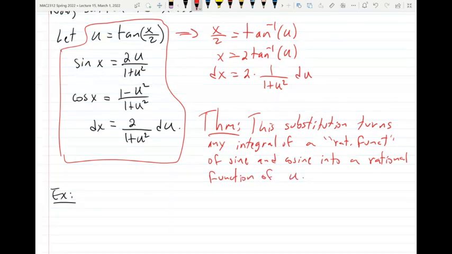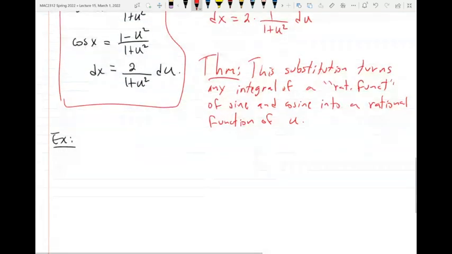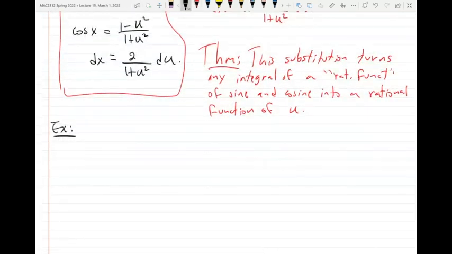And once you have a rational function of u, we have a lot of techniques to deal with it. So let me show you the example.